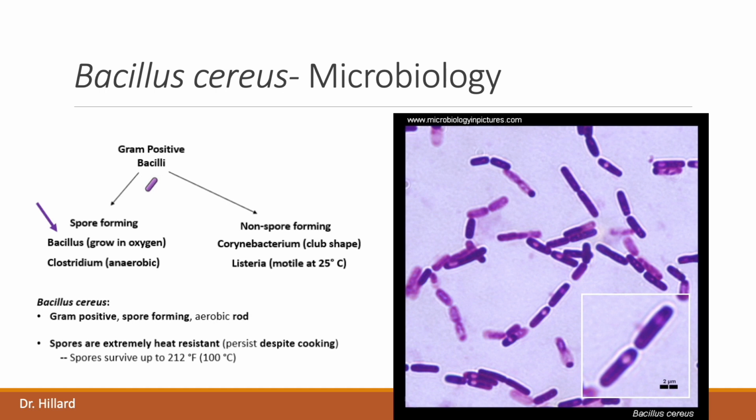Bacillus cereus, which causes food poisoning, is an aerobic rod, whereas the Clostridium species are anaerobic rods. In the case of Bacillus cereus, the spore allows the organism to resist the high heat of cooking, up to 212 degrees Fahrenheit or 100 degrees Celsius, which is key to the bacteria's pathogenesis.